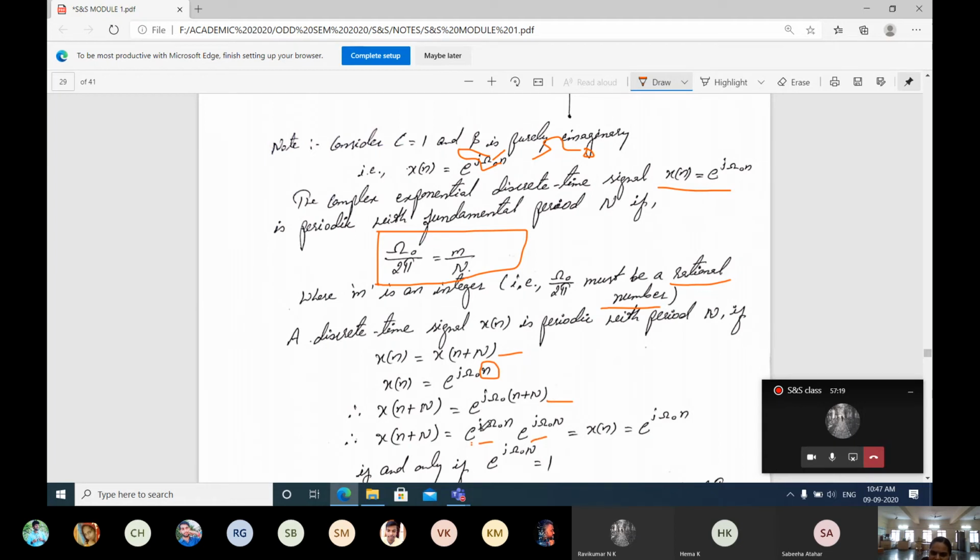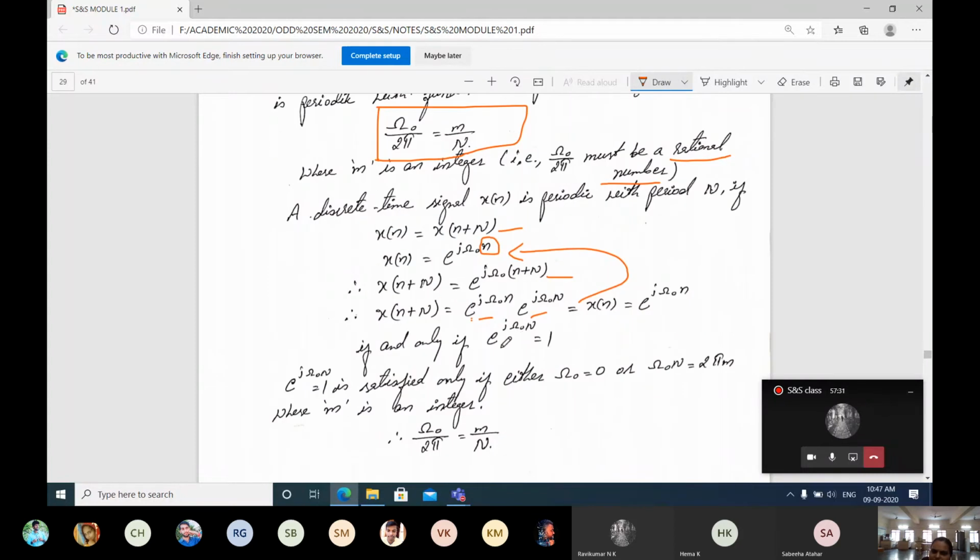You will get e power j omega naught n into e power j omega naught capital N. If it is periodic, this should be equal to x of n only. Then the condition is, as we took earlier for continuous time, e power j omega naught capital N is equal to 1.